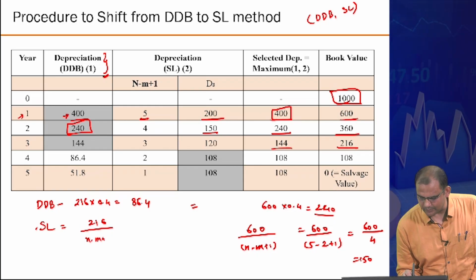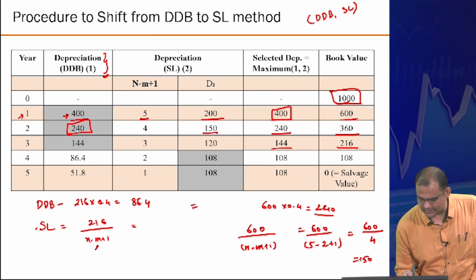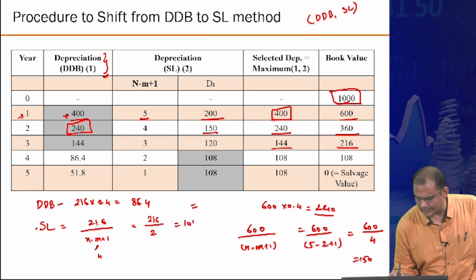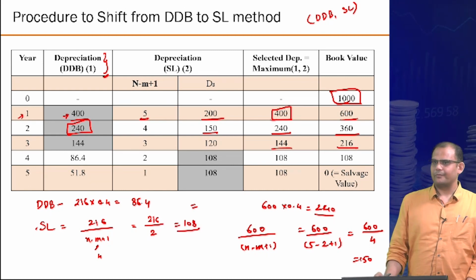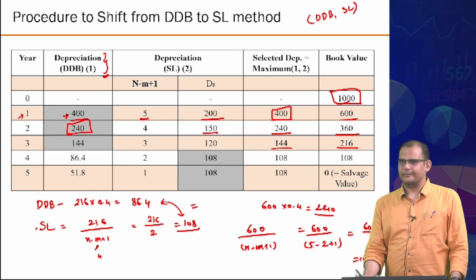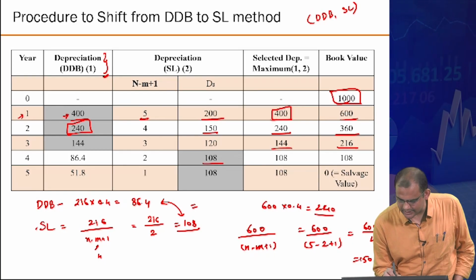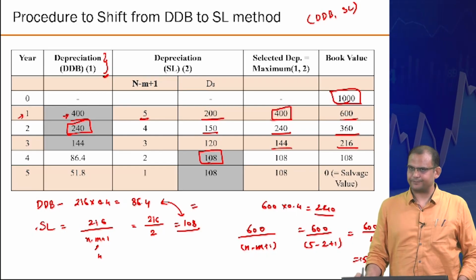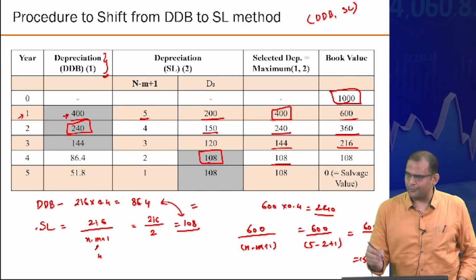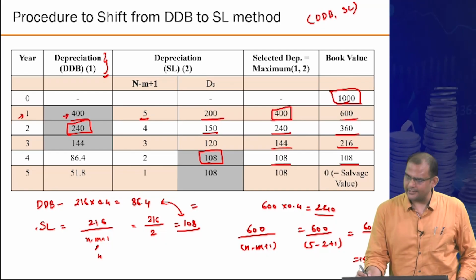N minus M plus 1, M is 4, 216 by 2, 108. Which one to choose now? Straight line method. So this is where the shifting has happened. 108. Out of 216, you select 108.